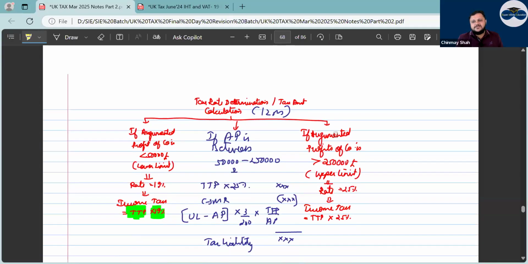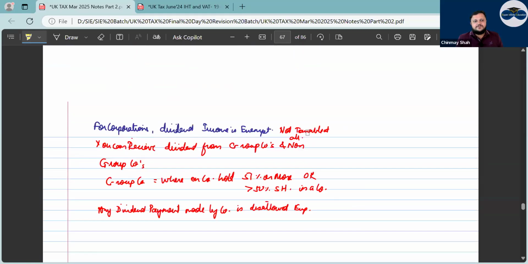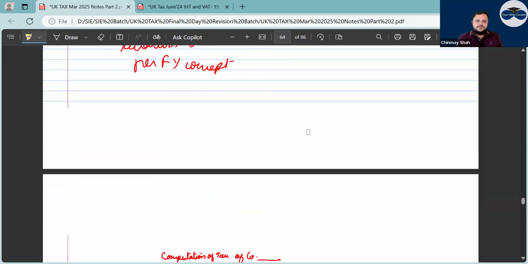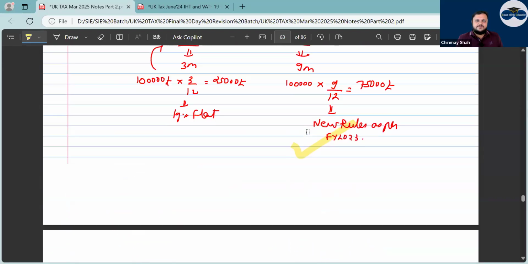Now take tax rates. For a 12-month period, you have two different things: tax rate determination and tax amount calculation. Tax rate determination happens with the calculation of augmented profit. Whenever you have taxable income, TP or TTP, from TP what do you deduct?